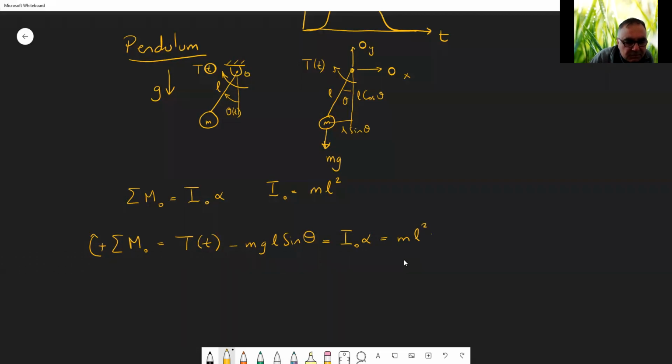Alpha is the second derivative of theta, theta double dot.